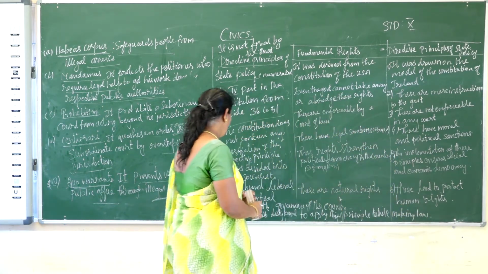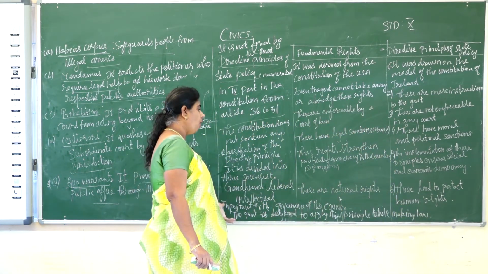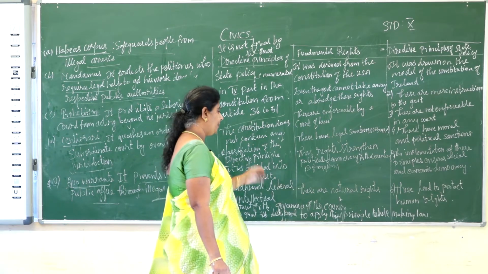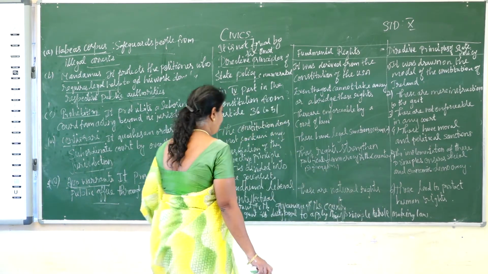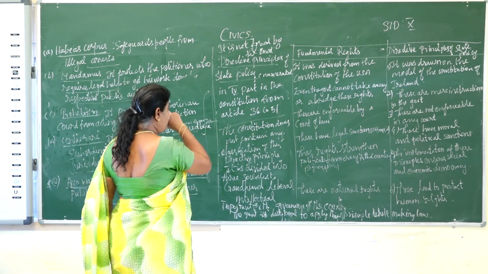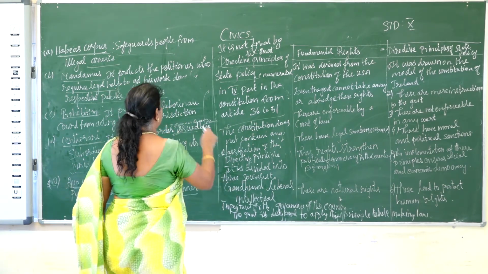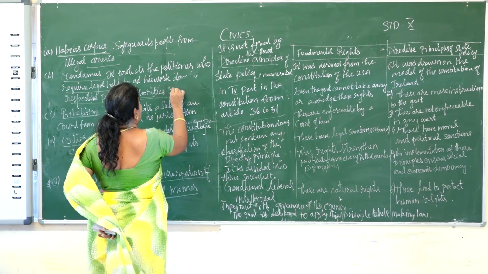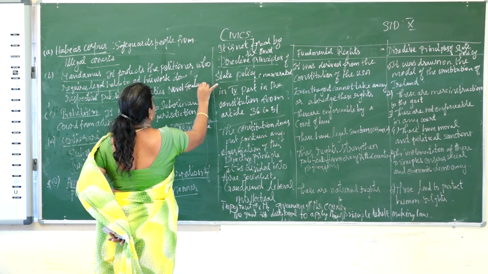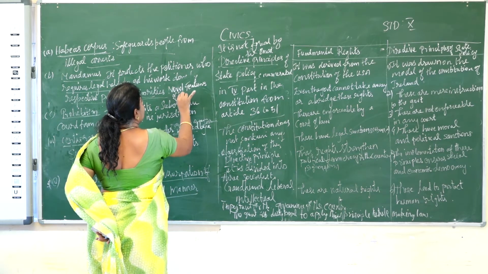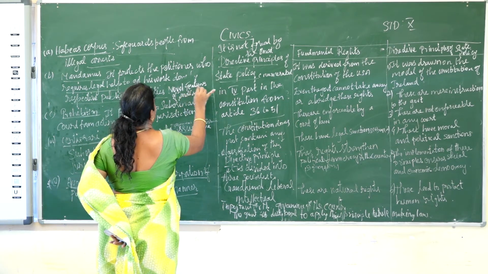What does the government have to do? They are bound to apply this principle during law making. And Dr. Ambedkar described this principle as a novel feature of the Indian Constitution.